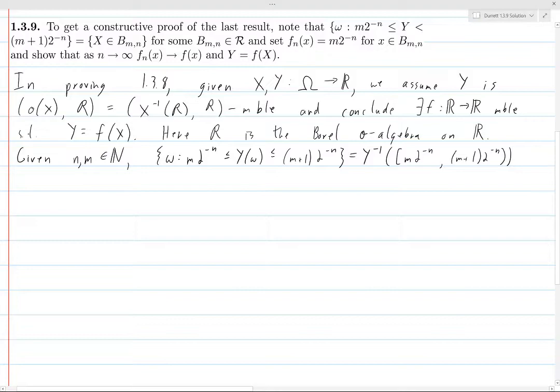This is a Borel set in R, and we're taking the inverse image under Y. And so therefore, this resulting set must belong to the sigma algebra in the domain of Y. And remember, the sigma algebra in the domain of Y is X inverse of the Borel sets of R, because we assume that Y is X inverse R, Borel R measurable.